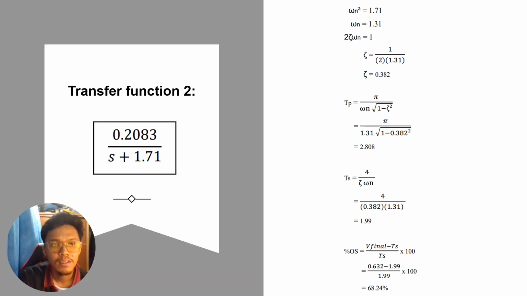For our transfer function 2, which is 0.2083 over S plus 1.71, the peak time is 2.808, the settling time is 1.99, and our percentage of overshoot is 68.24%.